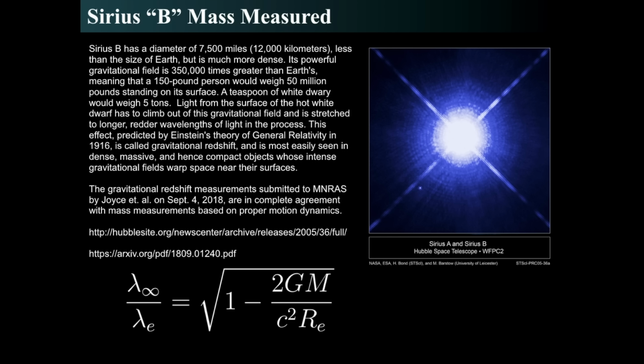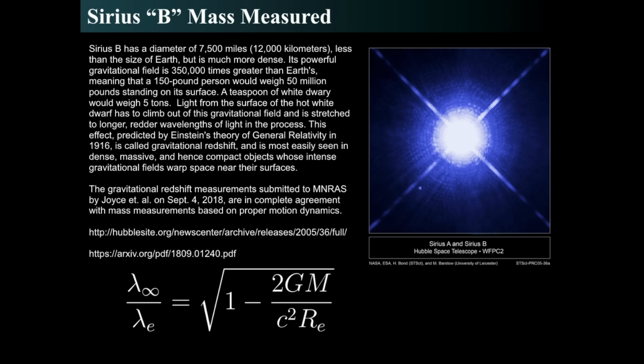So another way that Sirius B's mass could be measured, and this is what Joyce et al. did in 2018, well, actually this is extremely recent, from September 4th of 2018. This is like right now. This is data that just came out in the Monthly Notices of the Royal Astronomical Society, or MNRAS, and the paper said that they discovered that the diameter was about 7,500 miles, or 12,000 kilometers.